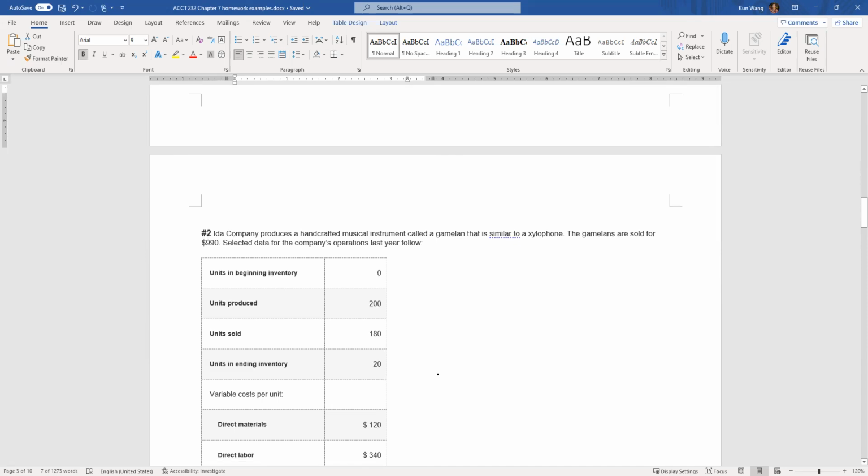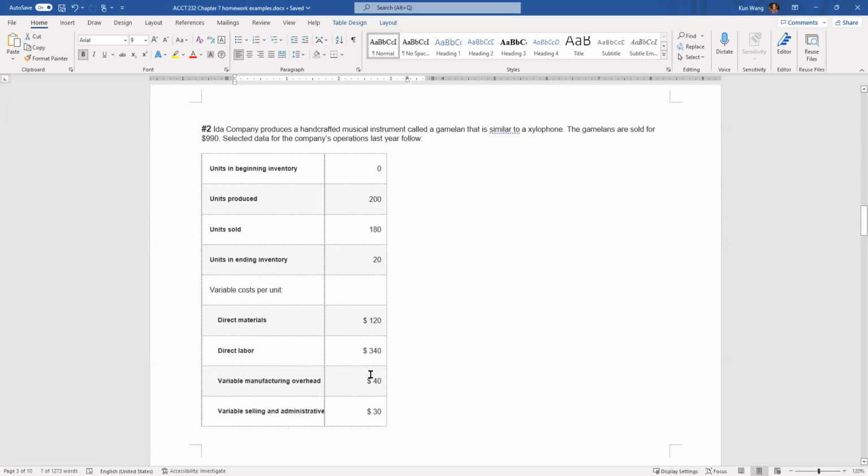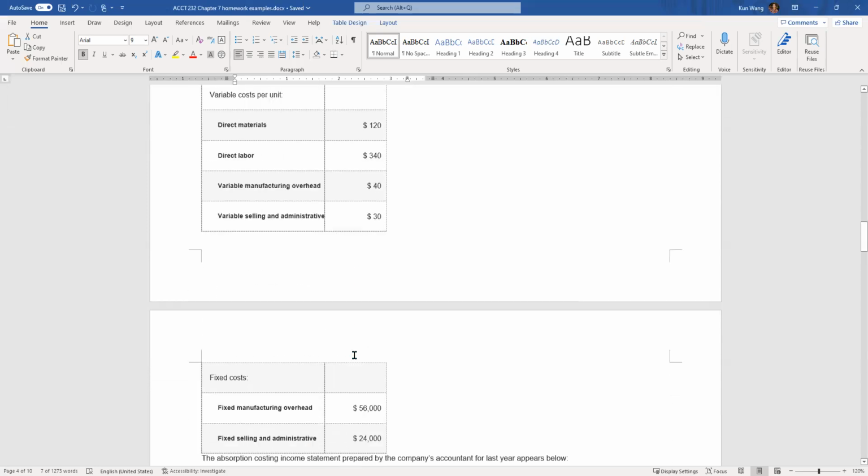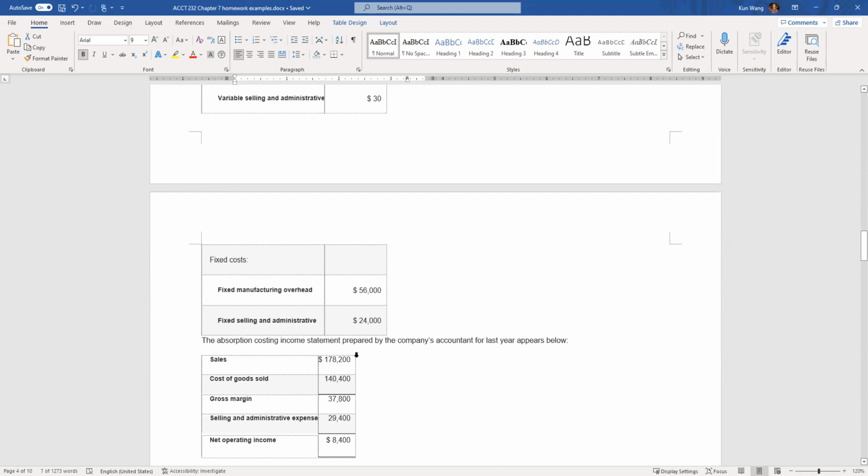Question number 2 pushes this a little bit broader. So in this case, similar question, based upon the given information we are trying to find out.